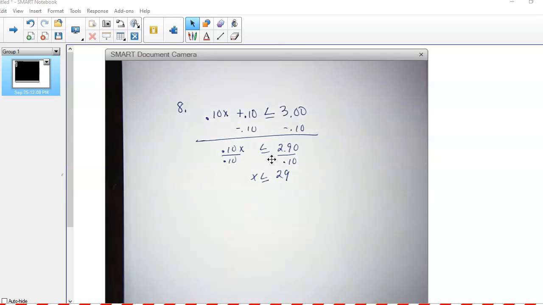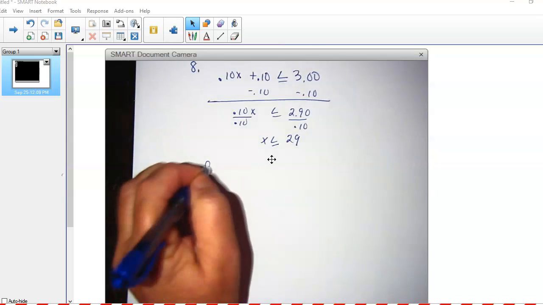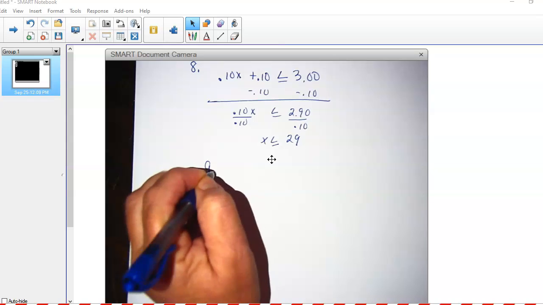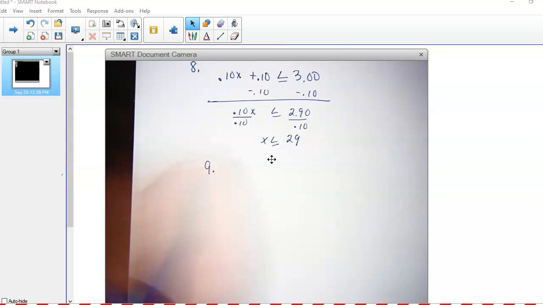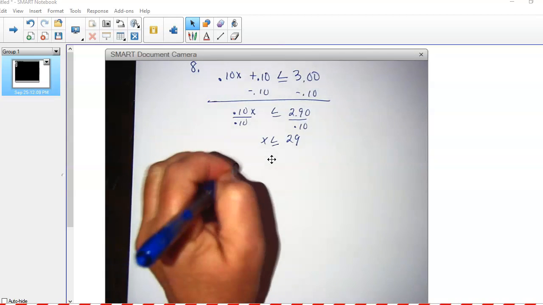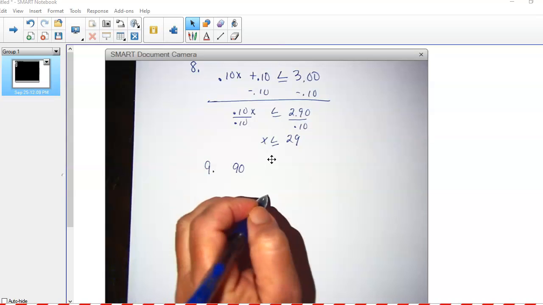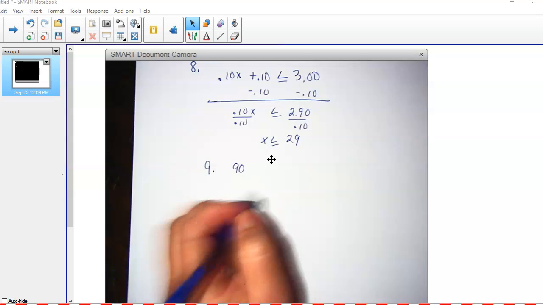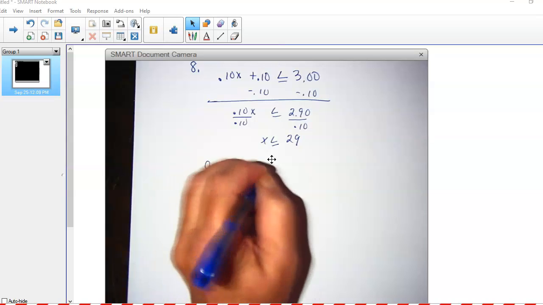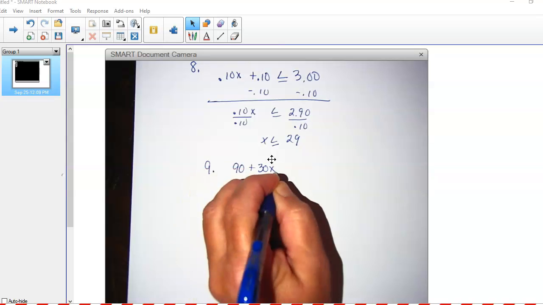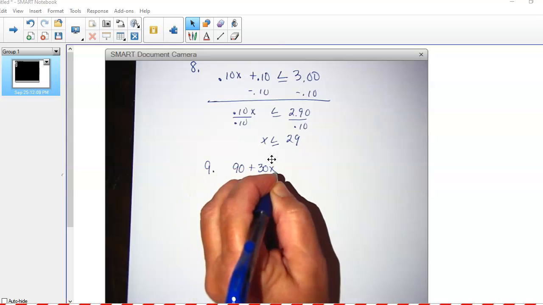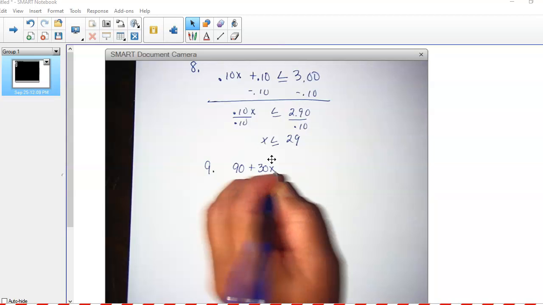And now we have one more. Number 9. A membership to a fitness club has an initiation fee of $90. Okay, so no matter what, you have to pay $90. Each month, you are billed an additional $30. Write and solve and graph an inequality to find the maximum amount of time you can be a member for $600.